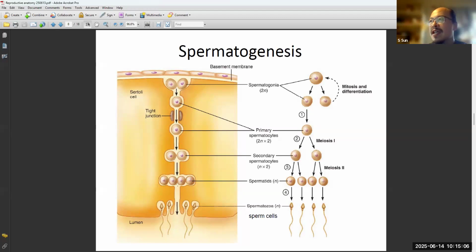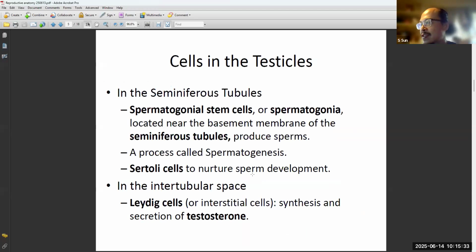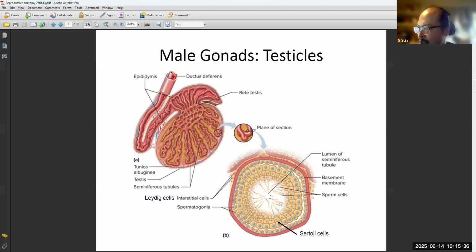It's like you have a team to train this sperm from immature to mature. Once it's mature, it enters the lumen and is ready to be ejected. So this is the transformation and translocation process. That's the second set of cells, and the final set is right here inside the lumen. That's the mature sperm.